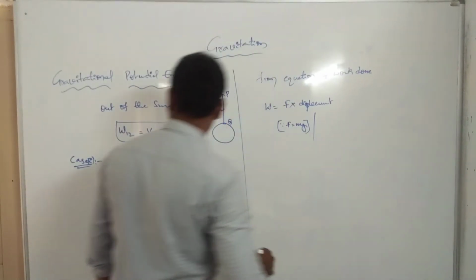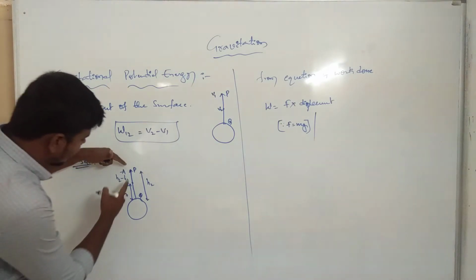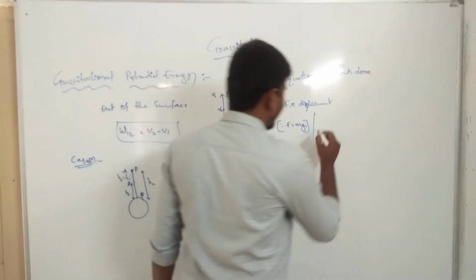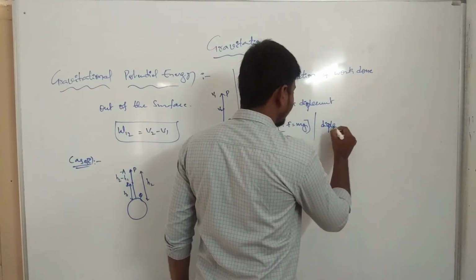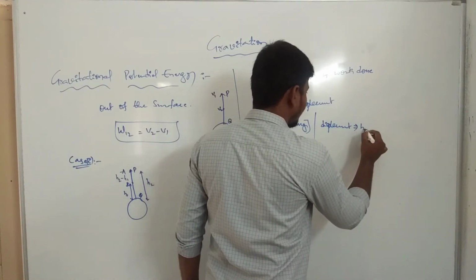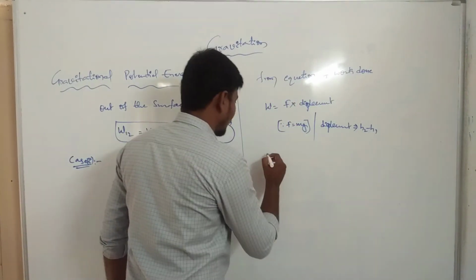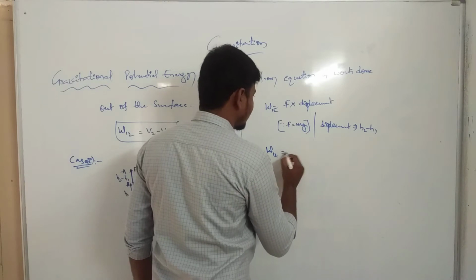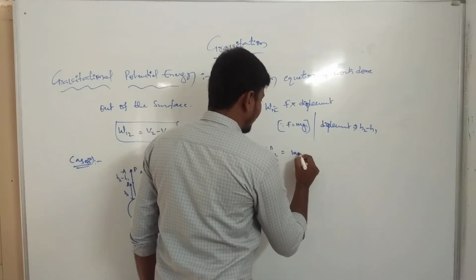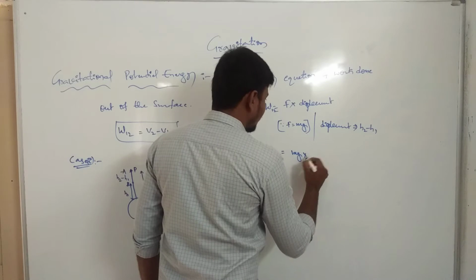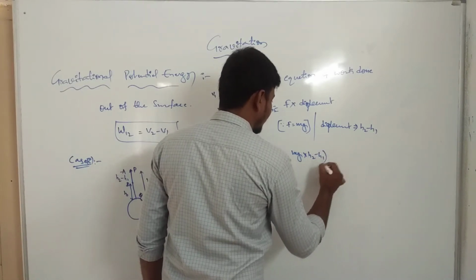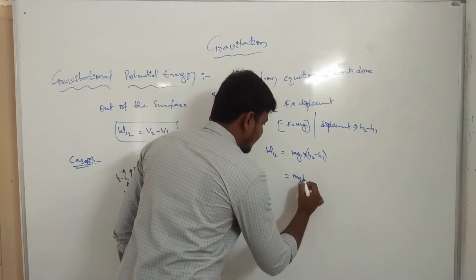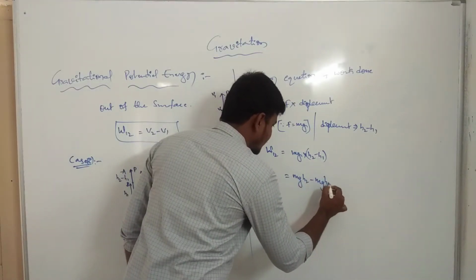The displacement is the position from A to B, the height H2 minus H1. Then work W12 is equal to force m into g into H2 minus H1. That is mgH2 minus mgH1.